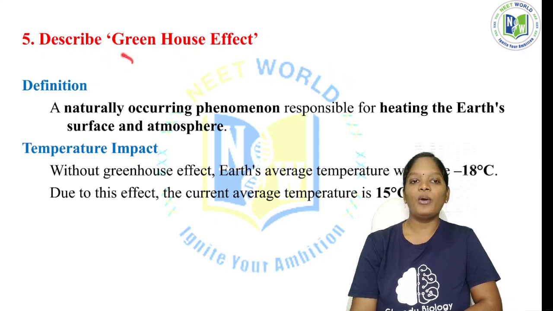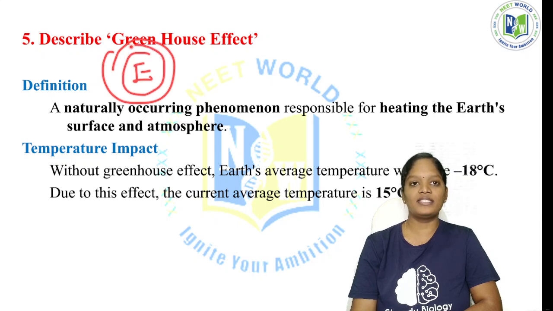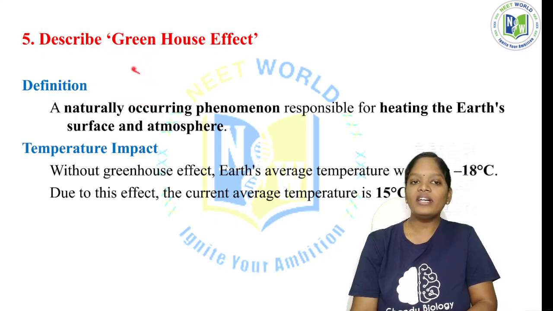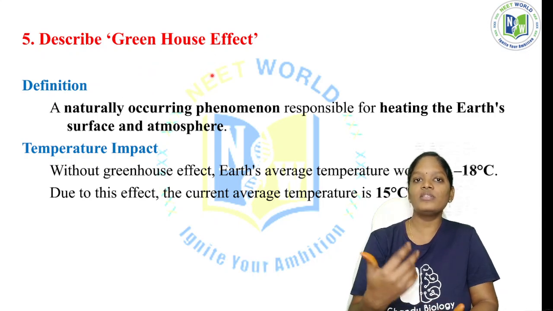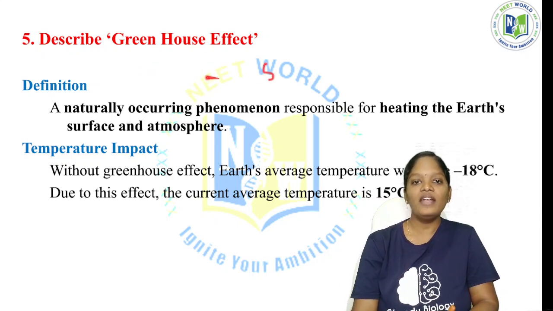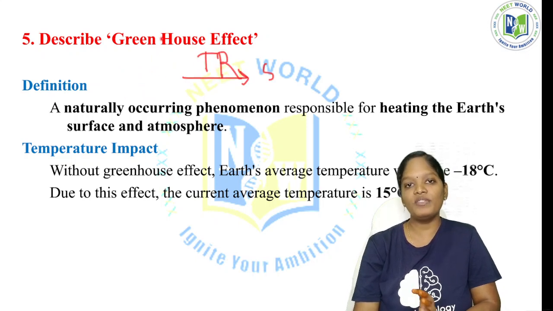Now in return, the heat of the earth's body. Whenever the earth is eliminating, the earth is also sending some rays back. That is called terrestrial radiation. Just listen to me very carefully.